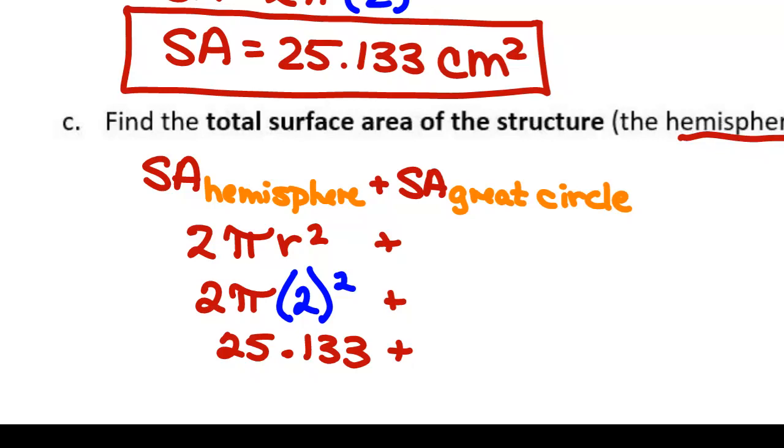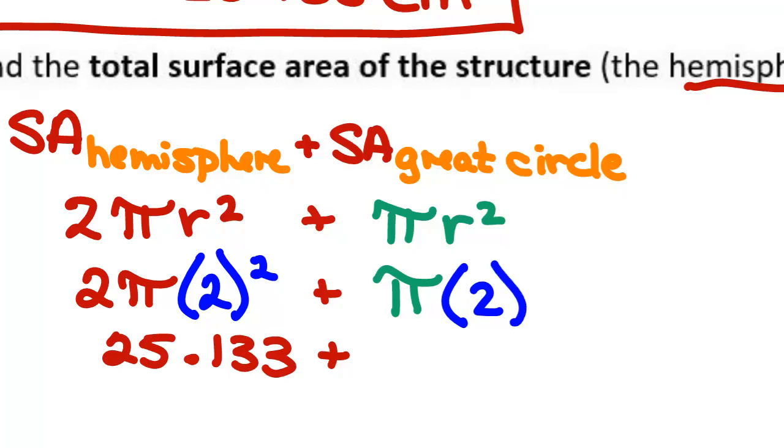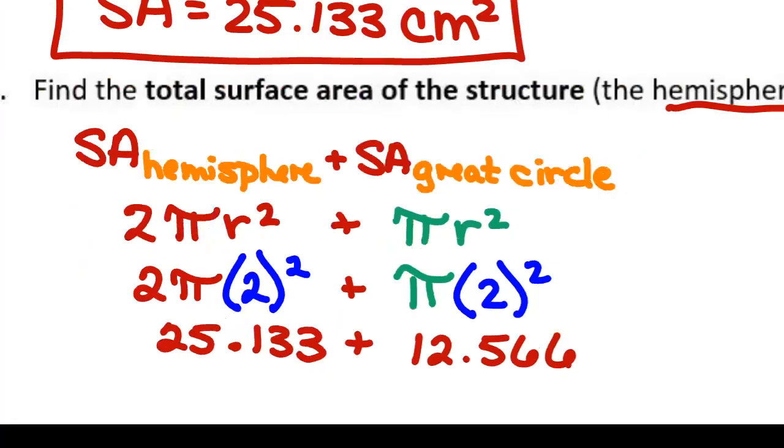Surface area for the great circle. How do we find area for a circle? Pi r squared. And what is our radius here? 2. So pi times 2 squared. What is pi times 2 squared? 12.566.